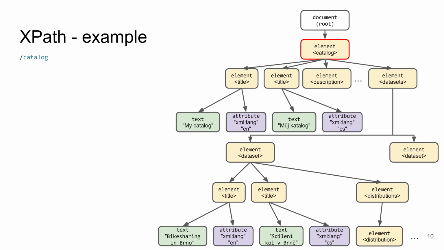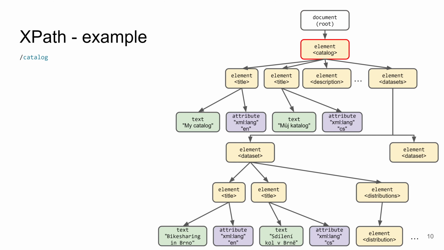Let's expand the query with the catalog element here, and the result of this query will actually be the XML element catalog with all its content. So the element catalog is the result of the XPath query. At this moment, I would like to say that the result of the query is a set of nodes.